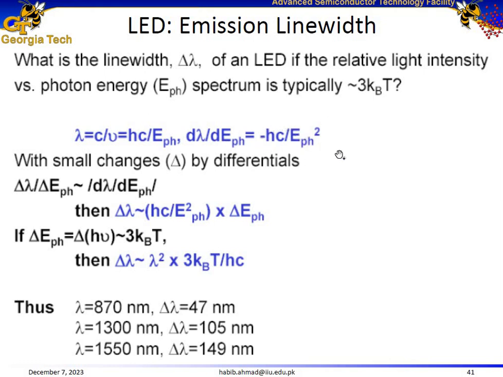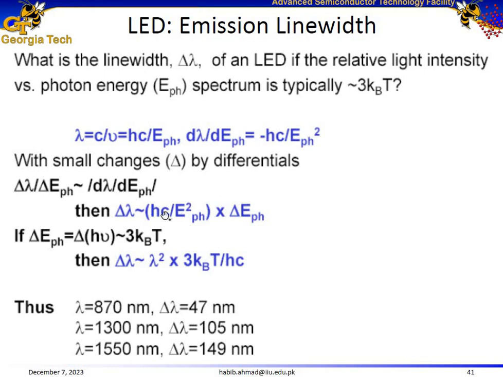For small changes, delta lambda divided by delta E_ph is equal to the derivative of wavelength versus the energy of the emitted photons. Assume that the energy of the emitted photons has a distribution around 3 kBT away from the conduction and valence energy levels. So E_ph is equal to 3 kBT.